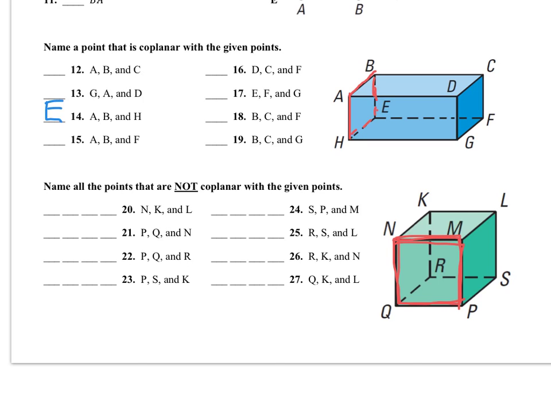So P, Q, N, and M are all coplanar, which means that the other 4 points are the ones that are not coplanar. So since P, Q, N, and M are coplanar, that means that S, R, K, and L are not coplanar with the given points. So that's all for the examples for 1.2G.